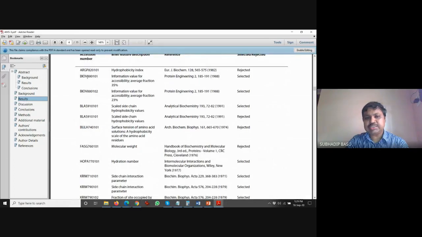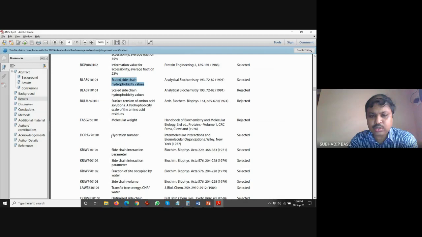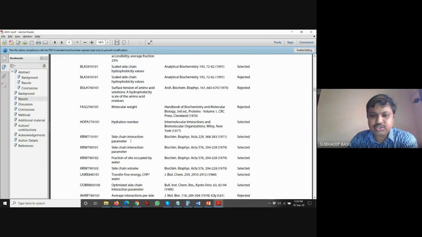You can see features like the information value for accessibility, scaled side chain hydrophobicity value, hydration number, and side chain interaction parameter.